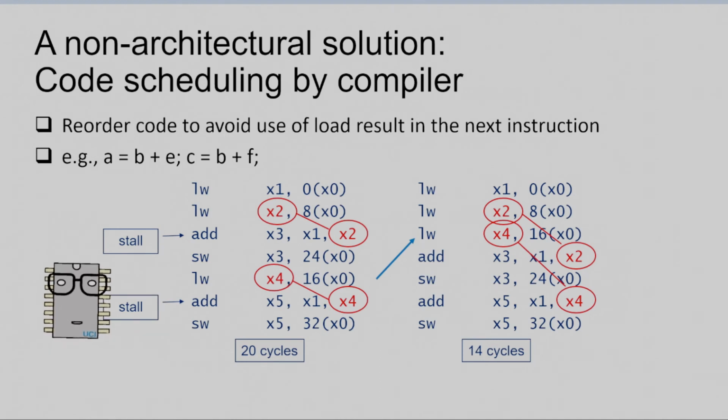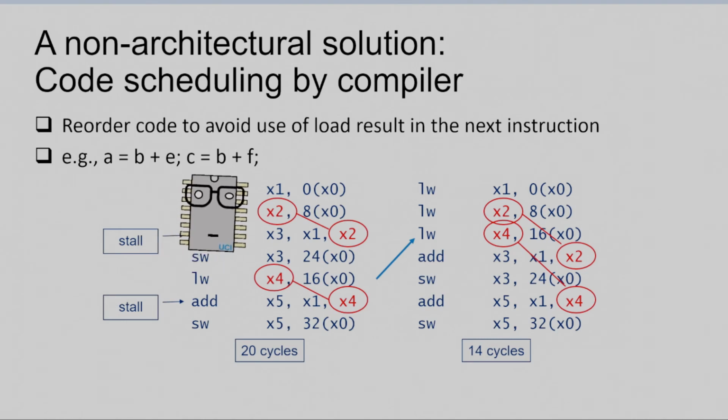If we do that, then we introduce a load hazard. Let's assume that this one is E and the next one is F, because B is loaded once and then used again.